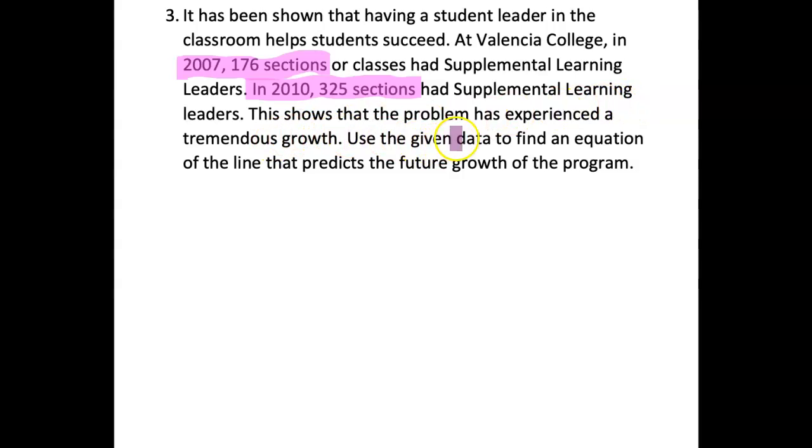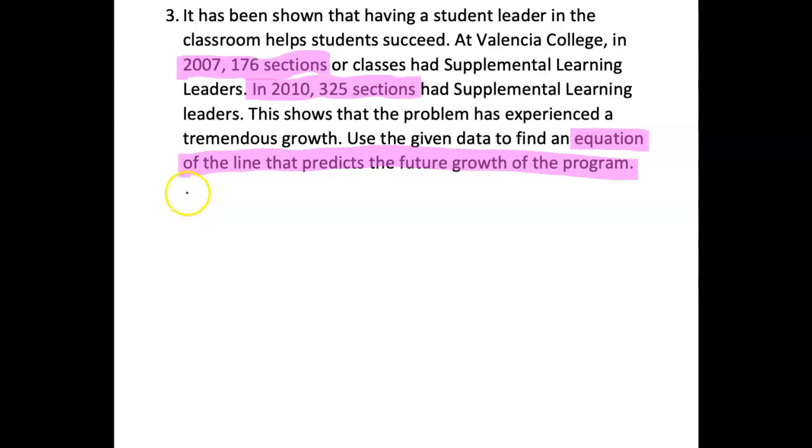This shows that the program has experienced a tremendous growth. Use the given data to find an equation of the line that predicts the future growth of the program. So in this, we're only writing the equation of the line.